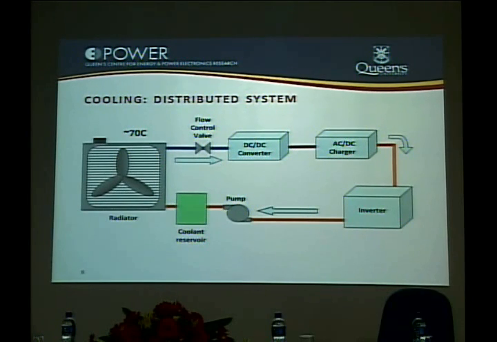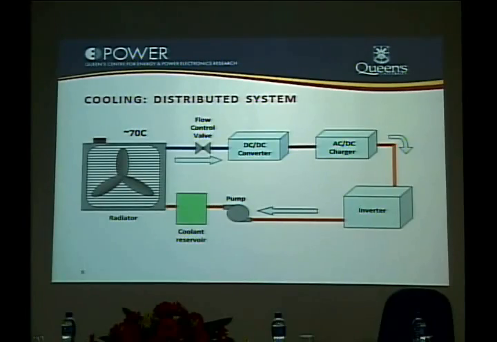In the electric car, one of the major considerations is how do we do the cooling of the system, because as we have seen in the previous diagram, we are producing a lot of heat, and this is the electronics, so heat must be removed.